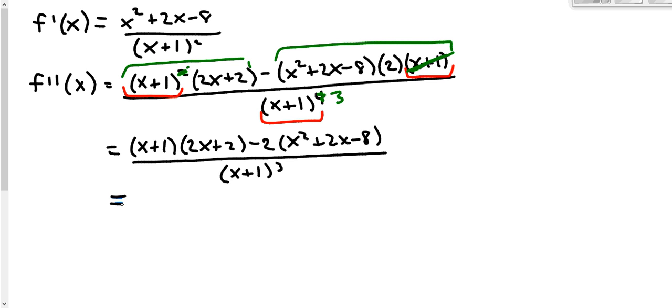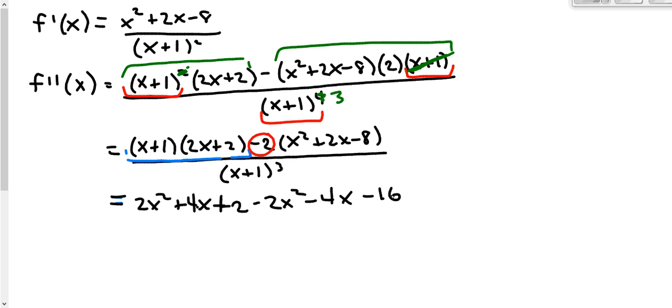Okay, so I'm going to multiply these together by the FOIL method, and that gives me 2x squared plus 4x plus 2. And then distribute the -2, and that gives us minus 2x squared minus 4x minus 16 plus 16.